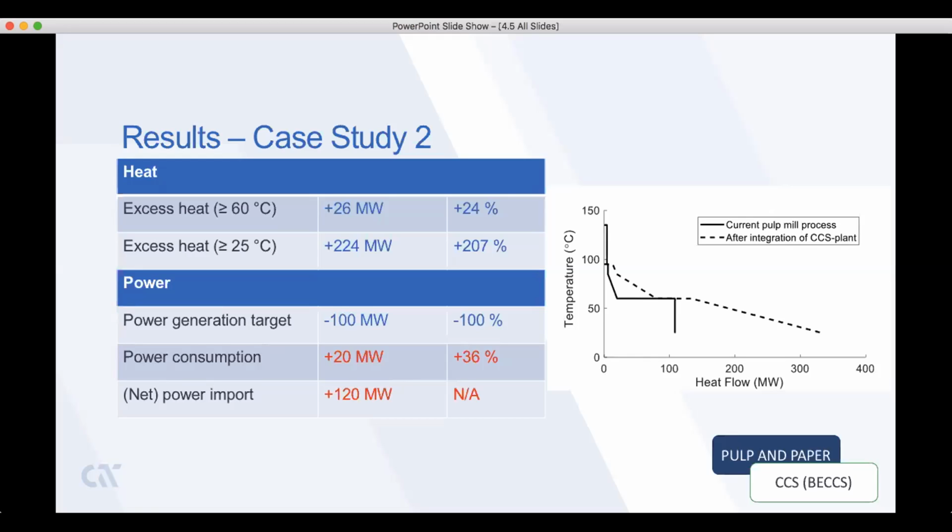This increase is explained by the cooling demand of the carbon capture process. Regarding power consumption, the pulp mill's entire power generation is lost and the power demand increases by 20 megawatts due to the power demand of the capture process. Consequently, there is a 120 megawatt decrease in the power balance of the mill, which goes from being a net exporter to a net importer of power.